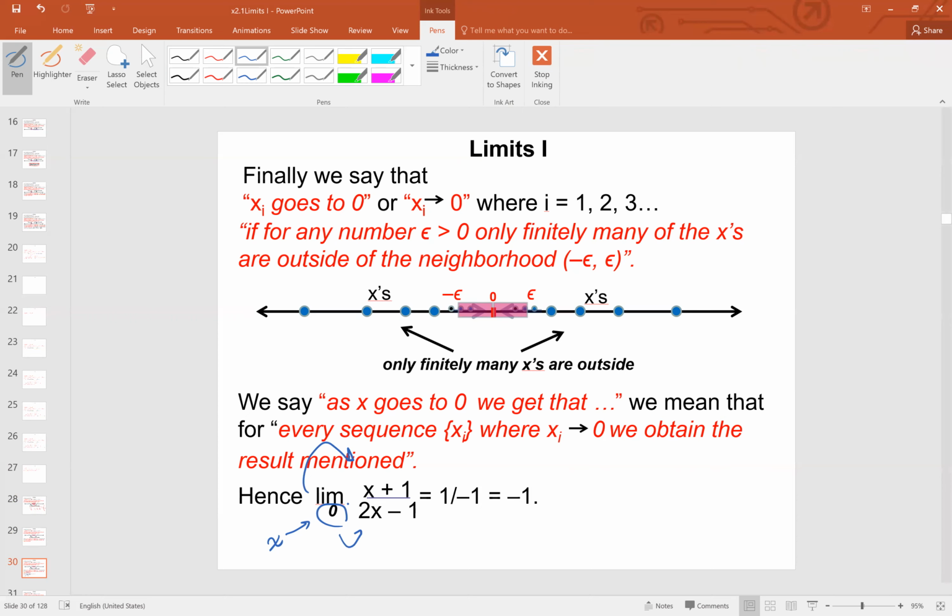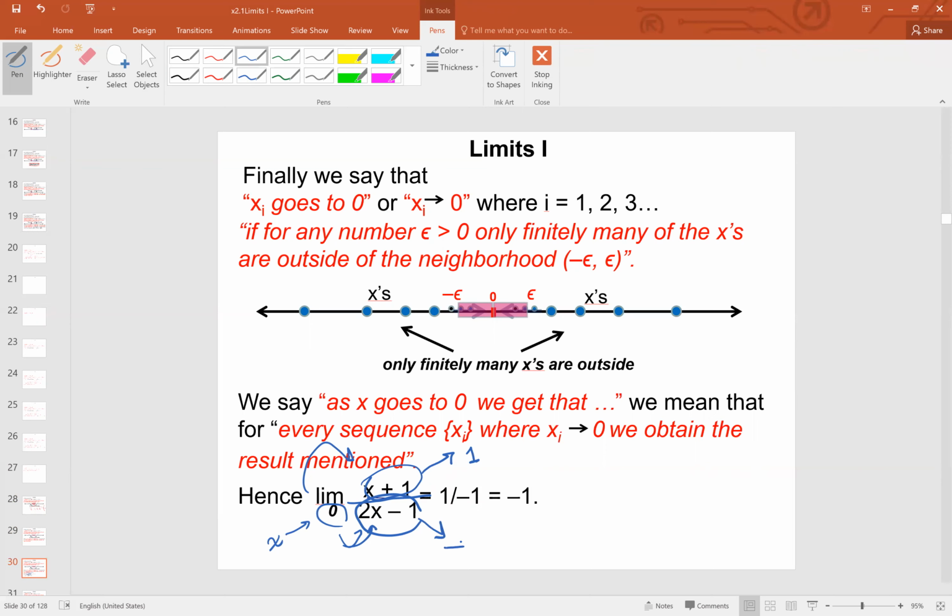Well, we can analyze this in two separate steps. First, when x becomes smaller and smaller, becomes 0, the top, the numerator, becomes closer to 1. And for the bottom, when we plug in, x becomes smaller and smaller, 2 times x becomes smaller, becomes 0.